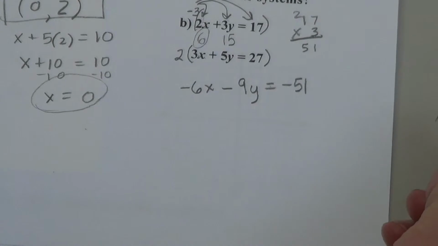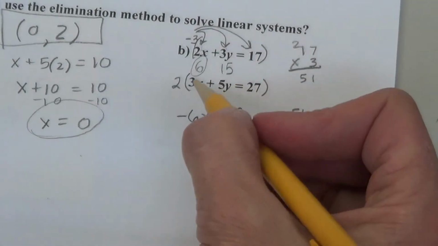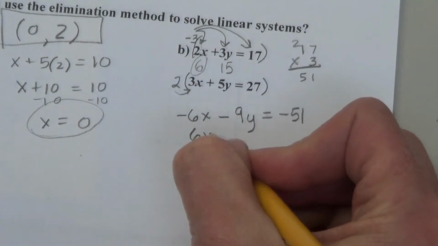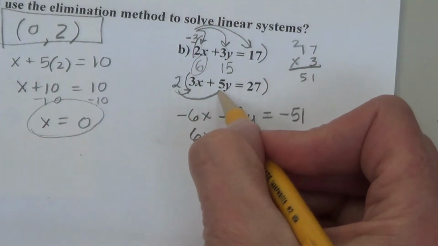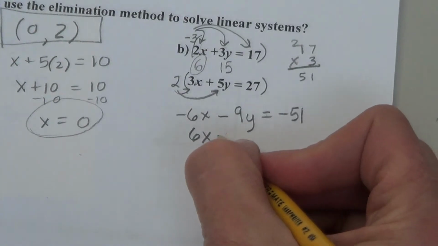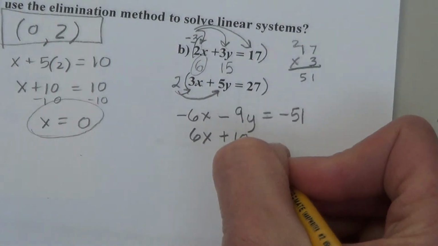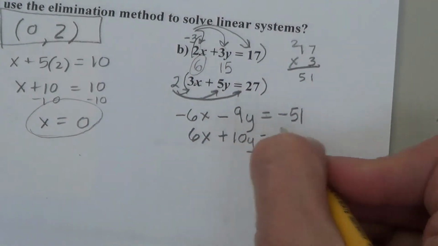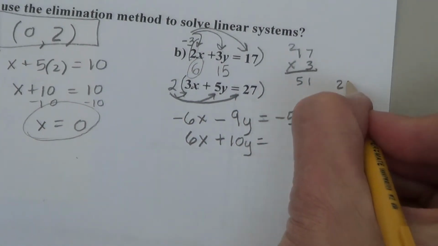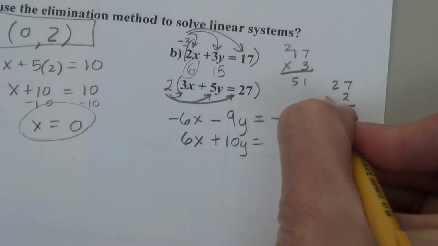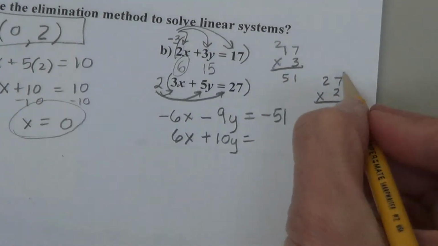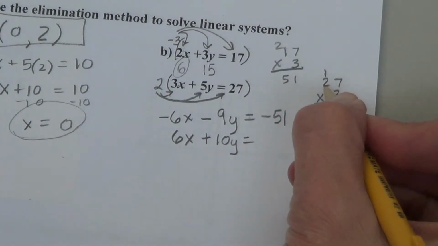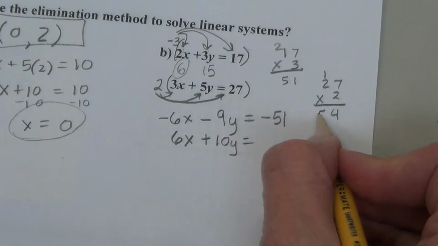Now on the bottom, we have 2 times 3x is 6x. 2 times 5y is 10y. 2 times 27, again, you may say, I don't know what that is. Come over and multiply it. 2 times 27, 2 times 7 is 14, 2 times 2 is 4, plus 1 is 5, so 54.